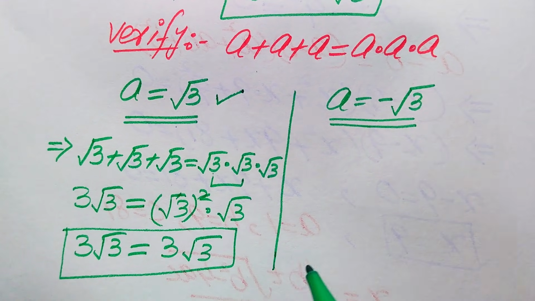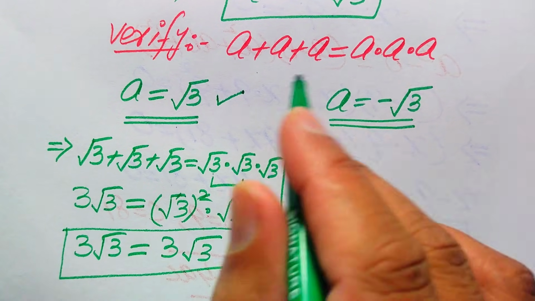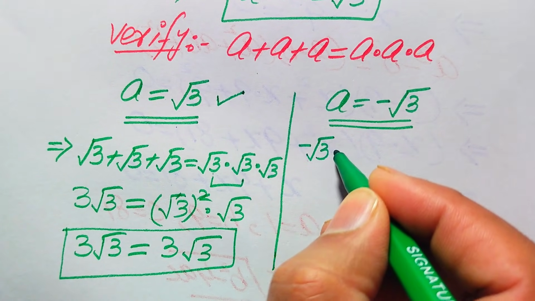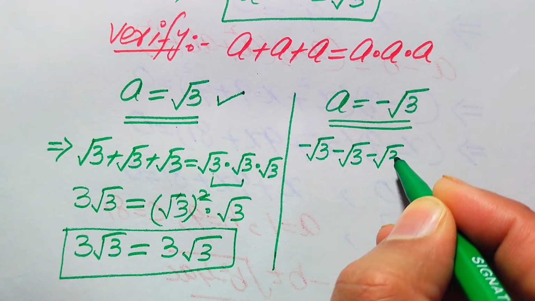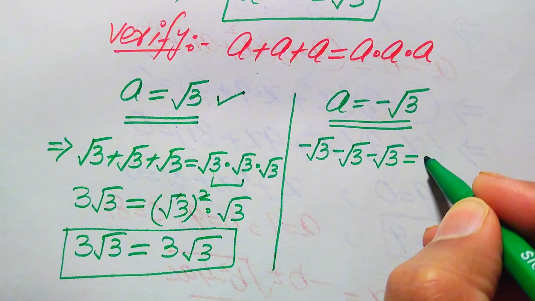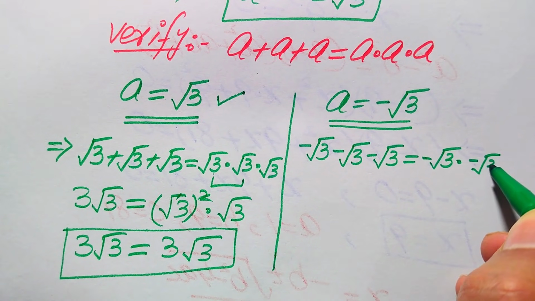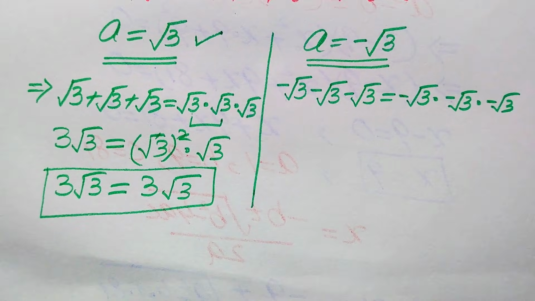And now in the same pattern we verify the second value of a, and when we put this value of a into the given question statement, it becomes minus square root of 3 plus minus square root of 3 plus minus square root of 3 is equal to minus square root of 3 multiplied by minus square root of 3 multiplied by minus square root of 3.